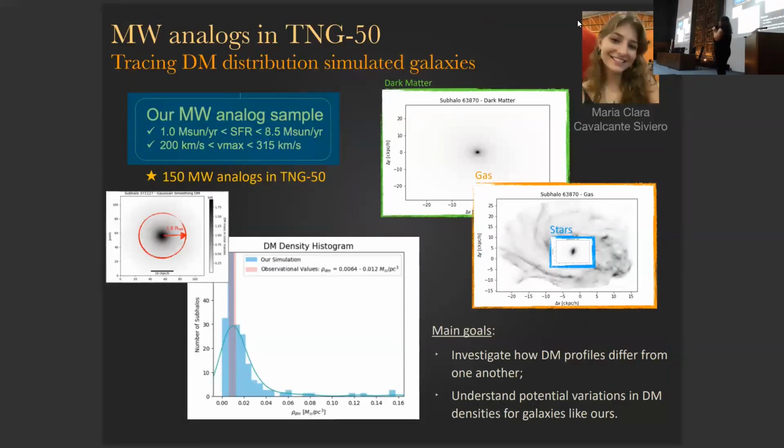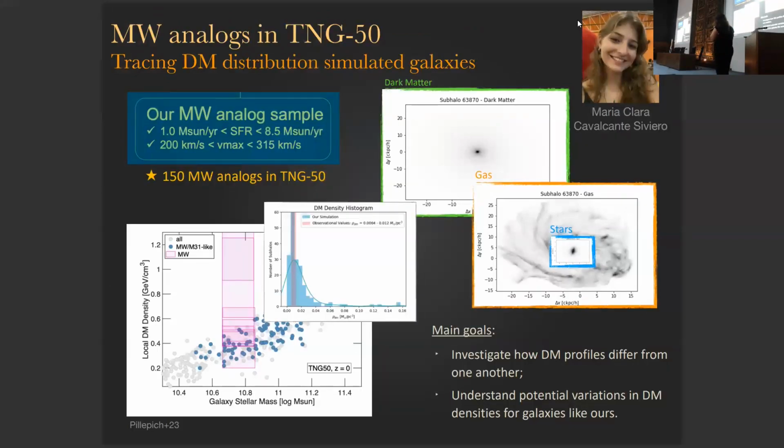And we have been moving forward some of this work also with TNG50 to understand dark matter distribution in Milky Way analogs, getting really nice, consistent results for the local dark matter distribution in the Milky Way when we compare to the dark matter distribution at the position equivalent to the sun's position in other Milky Way analog galaxies.